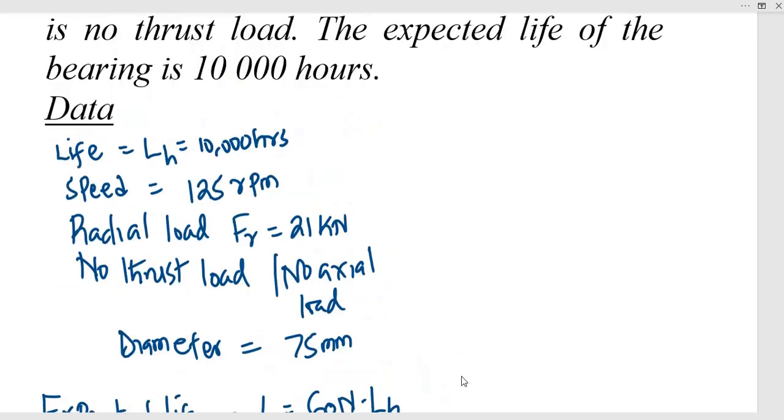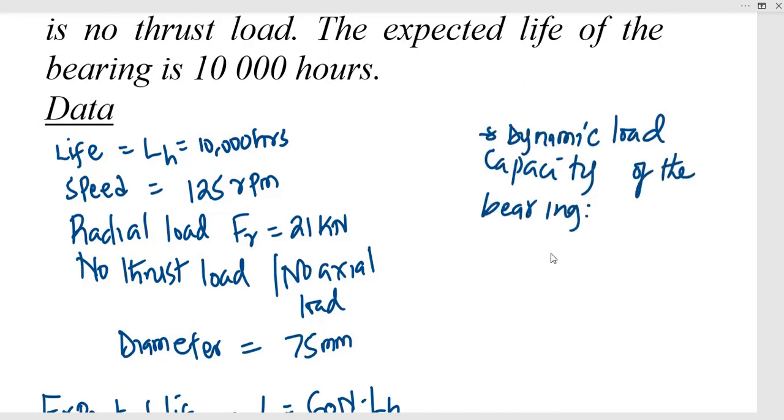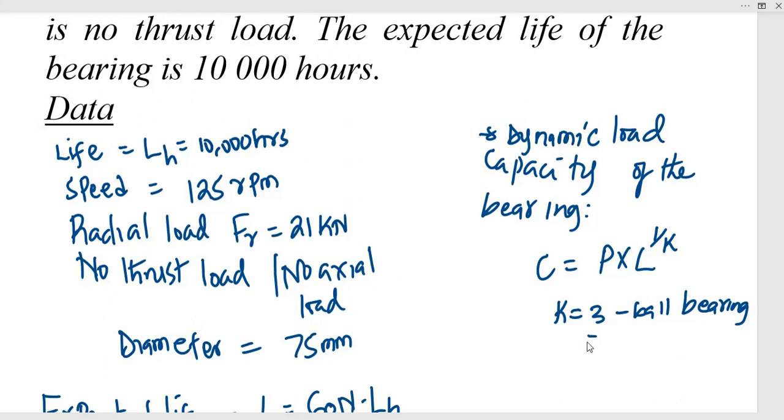So what is C? We need to determine C, which is the dynamic load capacity of the bearing. C is equal to P times L power 1 out of K. We know that K is equal to 3 if it is a ball bearing, and K is equal to 10 out of 3 if it is a roller bearing.